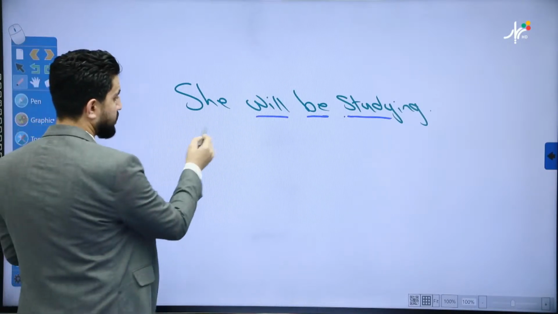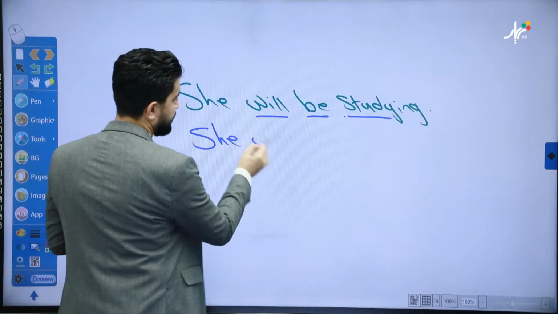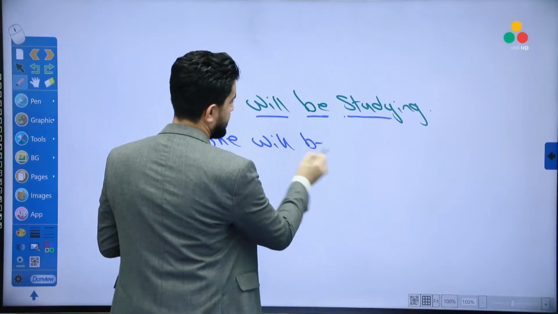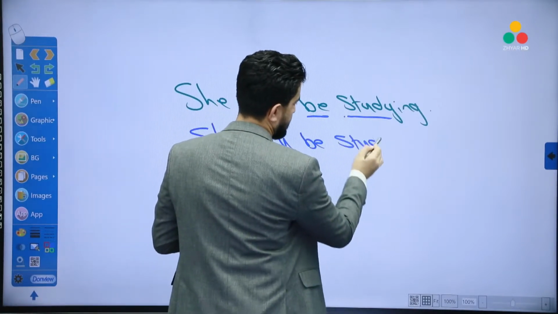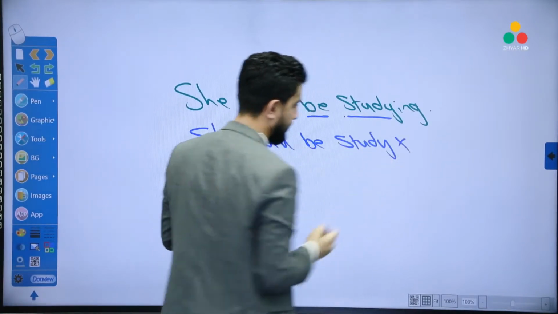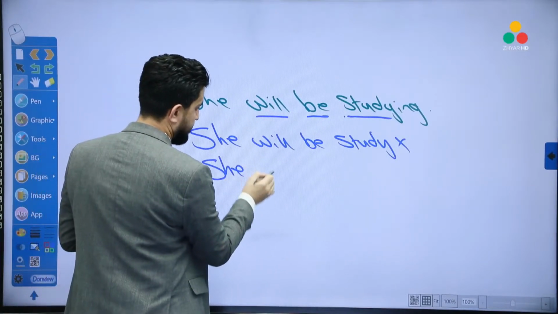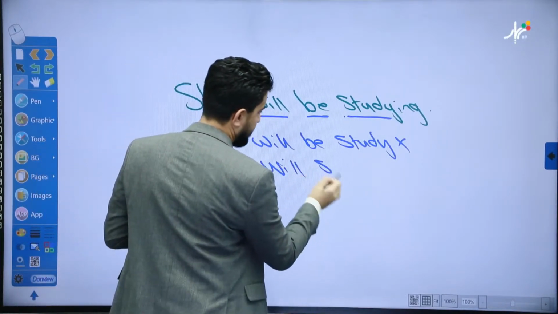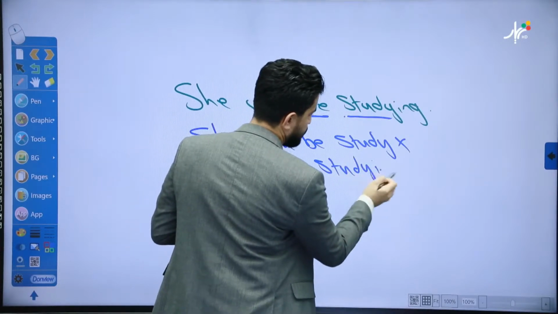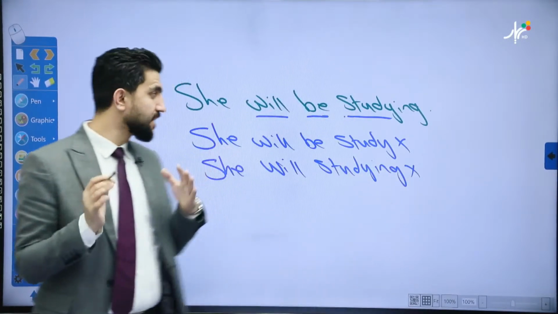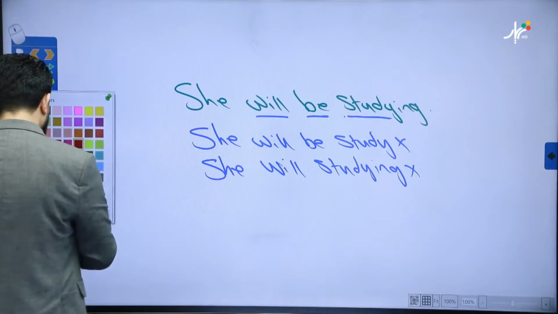What's not correct if it was like this in the exam? She will be study. That's wrong. She will studying. That's also wrong. Why is it wrong, Mr. Ayat?